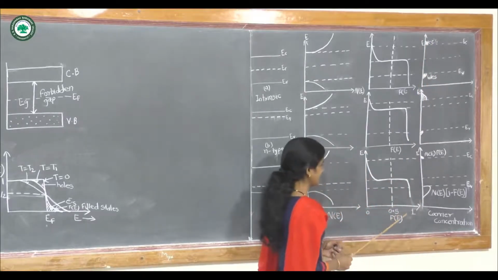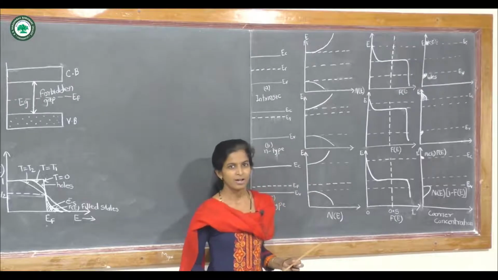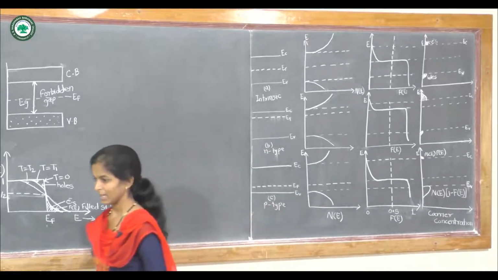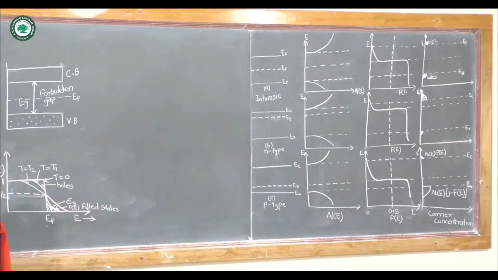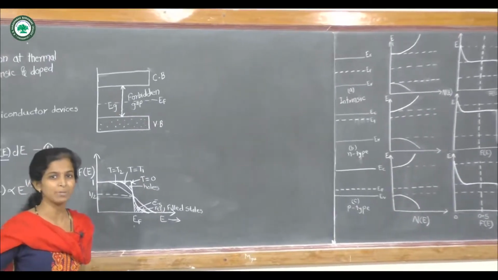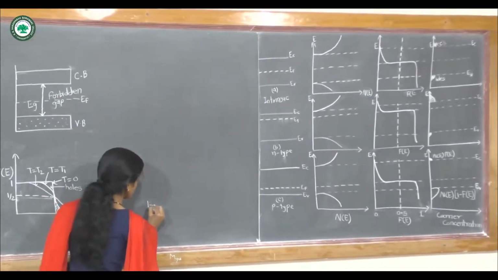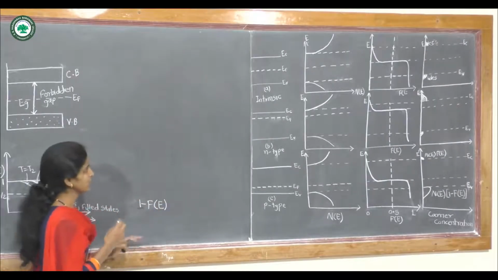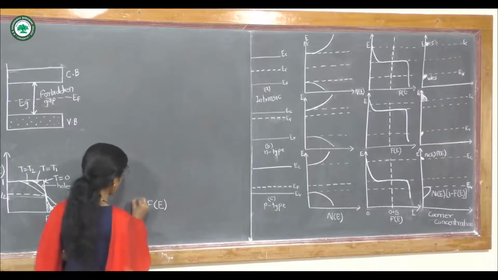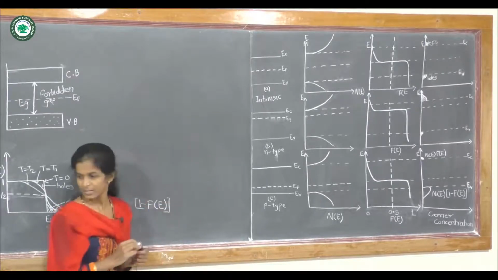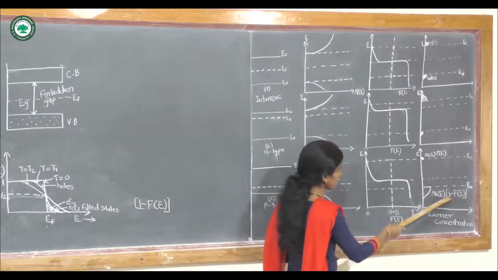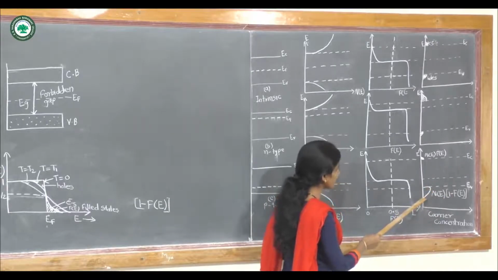Similarly, f(E) is the Fermi function, so the probability of finding the empty states is given by 1 minus f(E). As f(E) gives the filled states and 1 minus f(E) the empty states, this N(E) into 1 minus f(E) also decreases below the valence band edge.